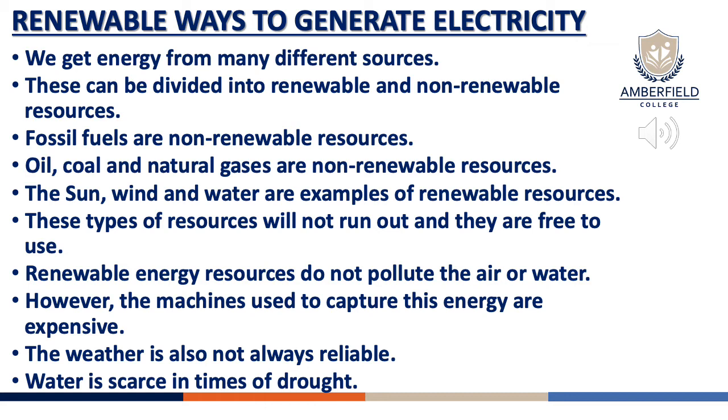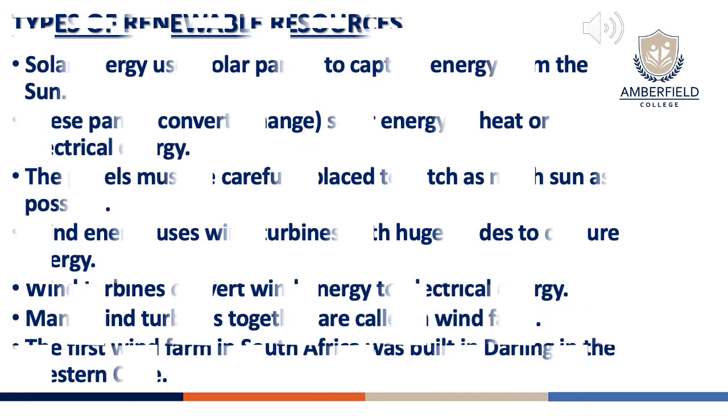The weather is also not always reliable, and water is scarce in times of drought. So this also plays a role when we think of renewable ways to generate electricity. We need to think of the different reasons and ways we can, but also what can stop us from generating electricity.